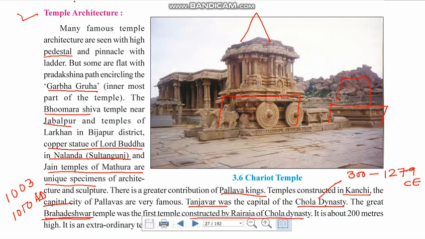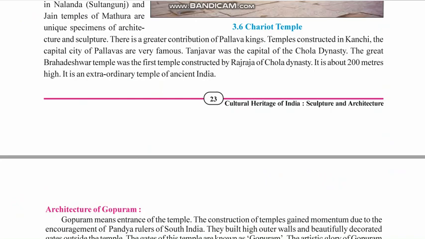Right now the Brihadeshwar temple is included in the UNESCO World Heritage Sites. It is about 200 meters high. See, it is very high. It is an extraordinary temple of ancient India.